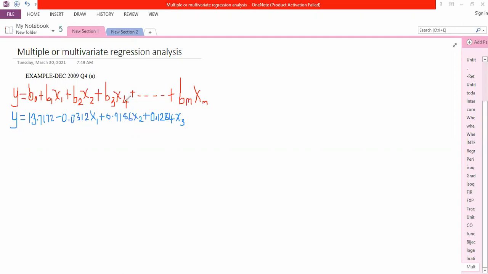For every coefficient, it has its corresponding independent variable. For x4, we have a positive again, 0.0592, of course going with x4.